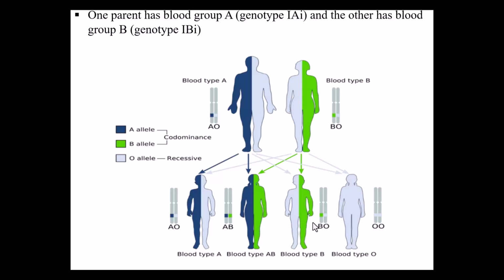If we make a cross between these two blood groups, we will have 25% A, 25% AB, 25% B, and 25% O. We will have all the blood groups in this family.